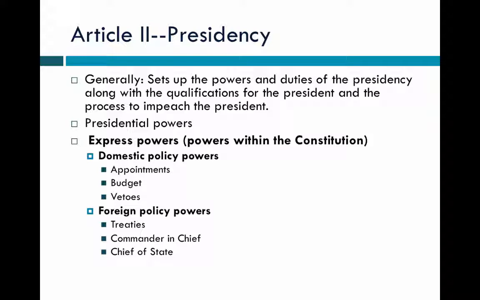And we'll go into all of those, some of which you may be familiar with. And then the foreign policy powers, which is everything that takes place outside of the country. So dealing with treaties, being the commander-in-chief of the armed services, and being the chief of state for other countries coming to look to us. That's the chief officer they would deal with.